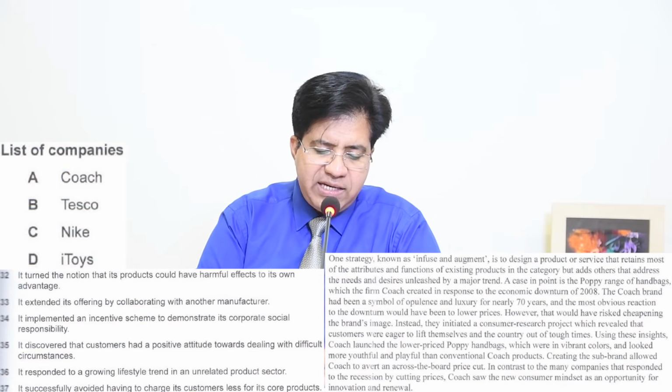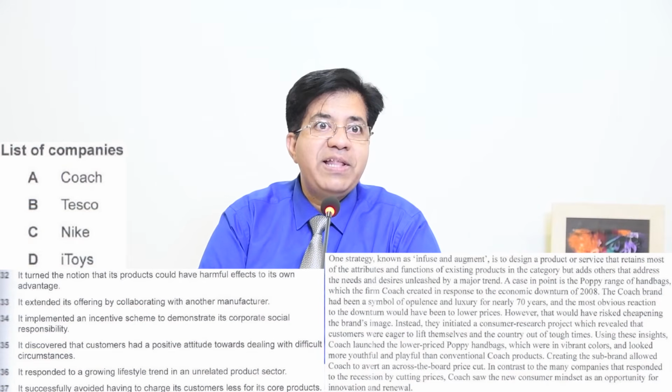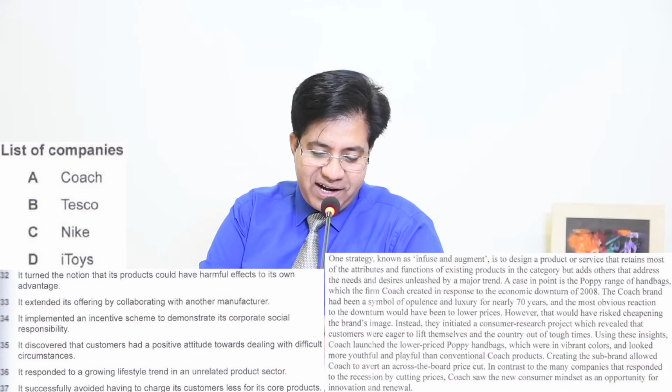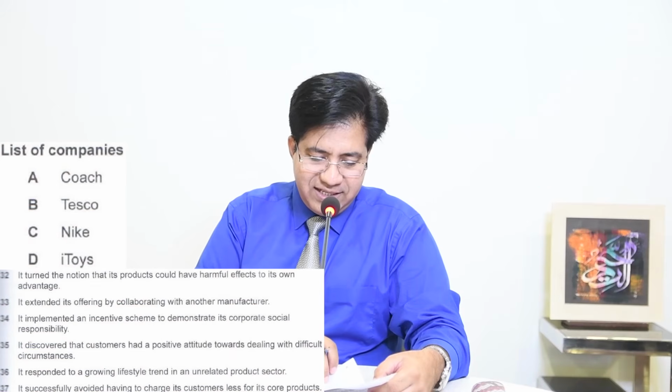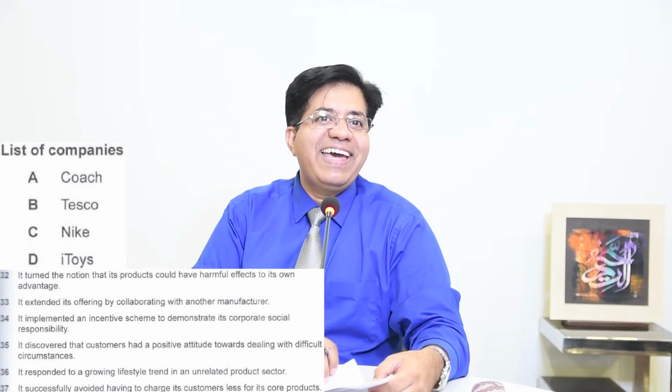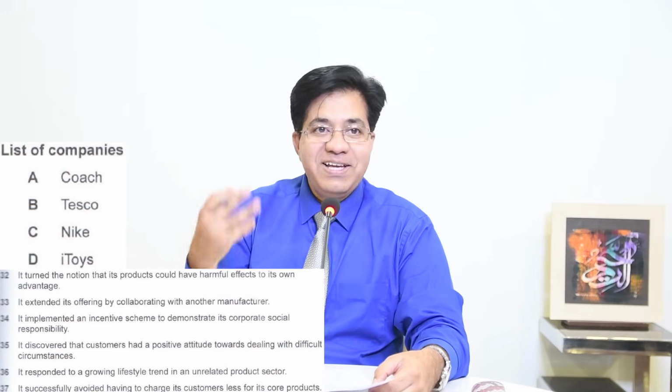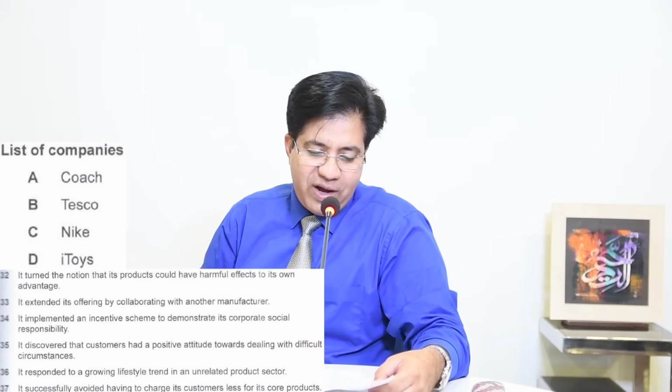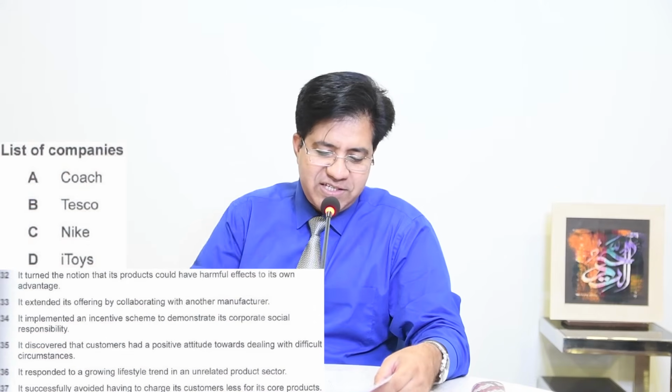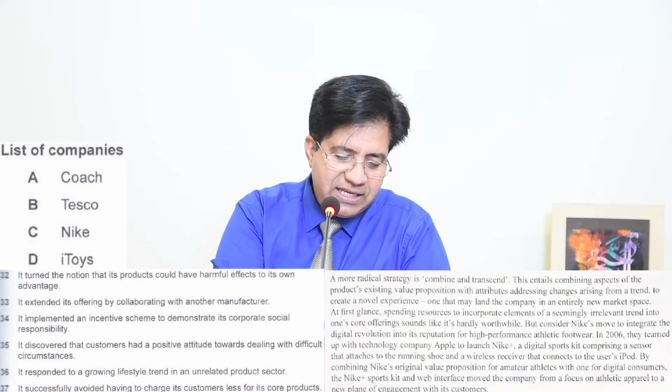It extended its offering by collaborating with another manufacturer. Who did that? Apple and? Write it down. Which company was that? Nike did that, okay? So if you read carefully, you already know how to answer. Question number 33, answer is C.